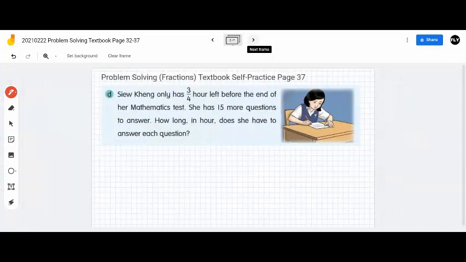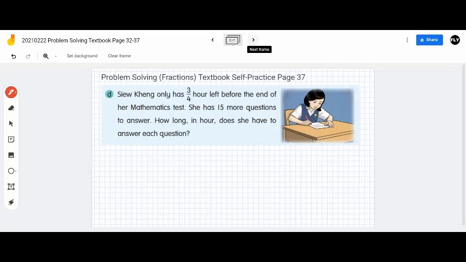D. Su Keng only has 3/4 hours left before the end of her mathematics test. She has 15 more questions to answer. How long in hour does she have to answer each question?